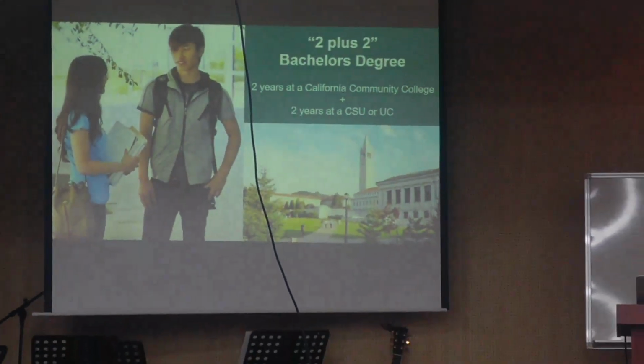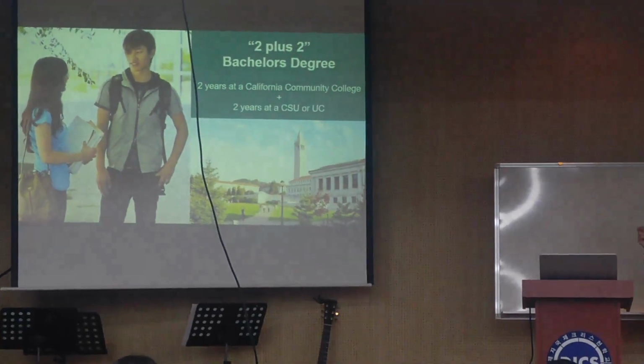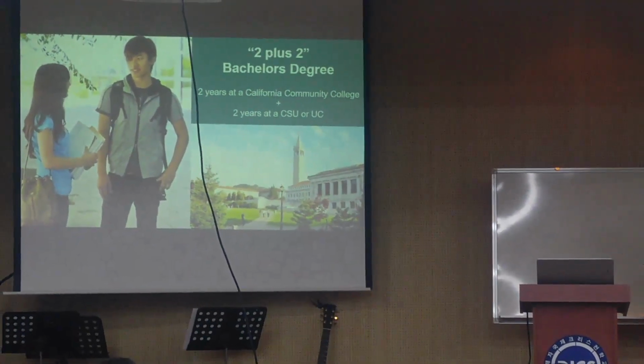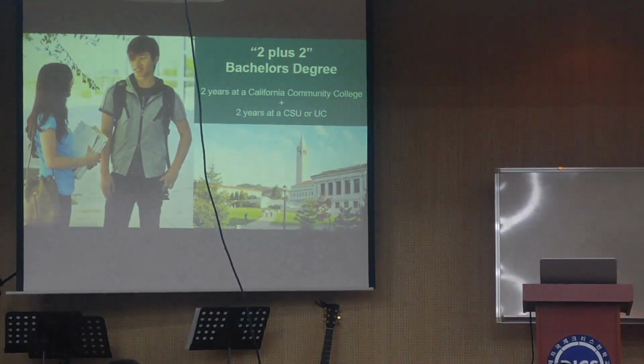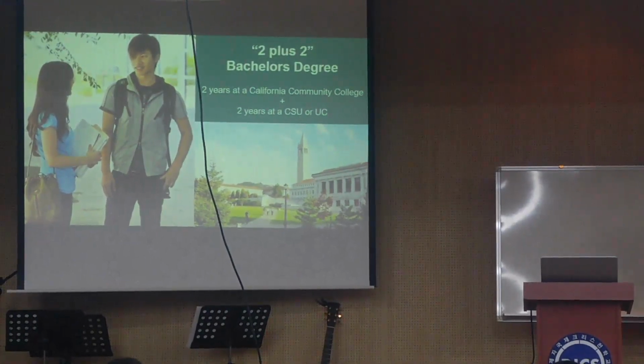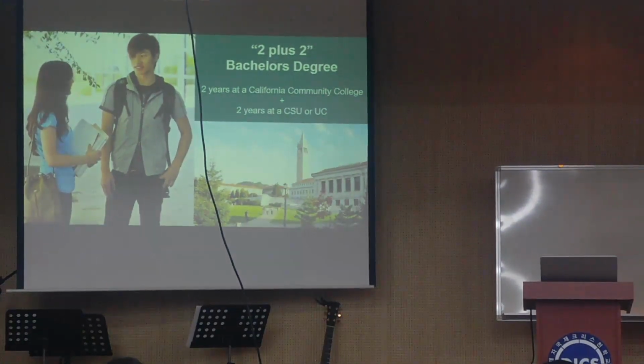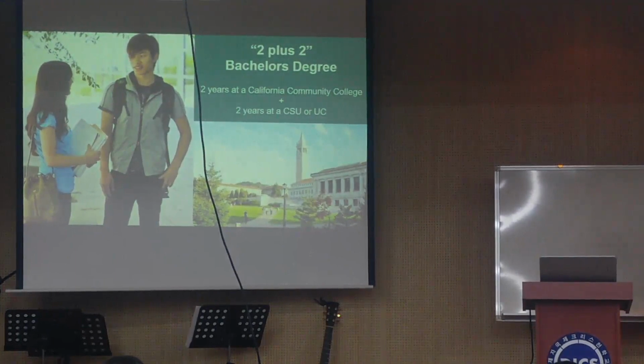When you do 2 years at a community college and 2 years at a university, we call this a 2+2 bachelor's degree. So 2 years at California community colleges, and then 2 years at a California State University or University of California school.